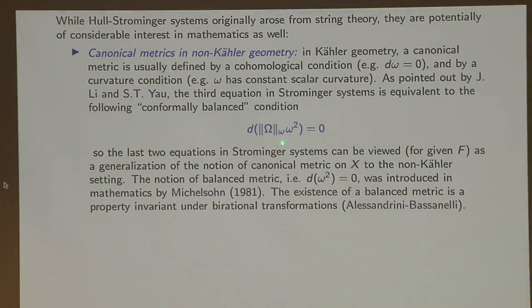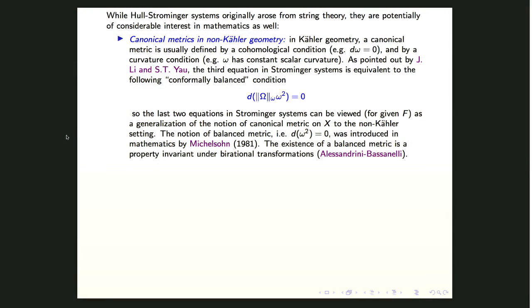And so this is a kind of conformally balanced metric, if you will. And one could argue that the notion of balanced metric is quite natural because it was proved by Alessandrini and Bassanelli that the existence of such a metric is actually invariant under birational transformation. So it is a natural geometric concept.